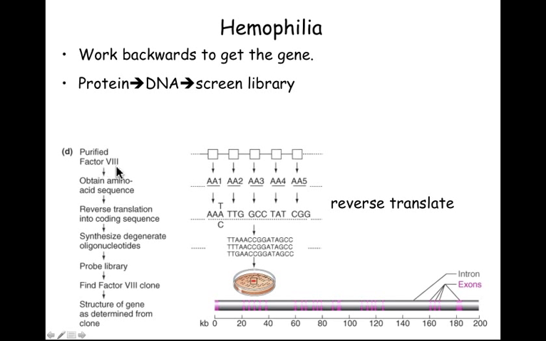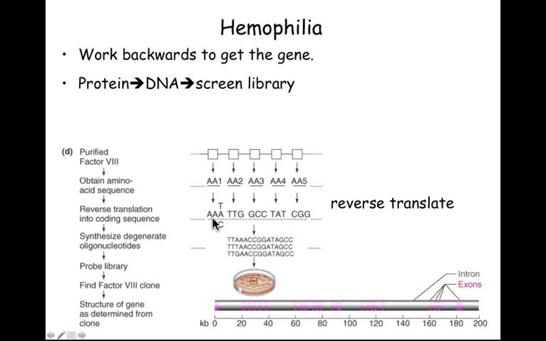So factor 8, which is the one that's involved in this particular type of hemophilia, if you identify this protein, you can sequence the protein using amino acid sequencing, so you can actually determine the amino acid sequence. And then you can work backwards, since we know what codons encode which amino acids, you can work backwards from this protein sequence to get a DNA sequence.